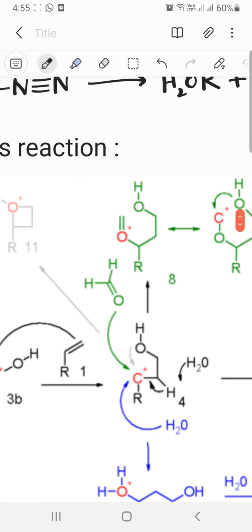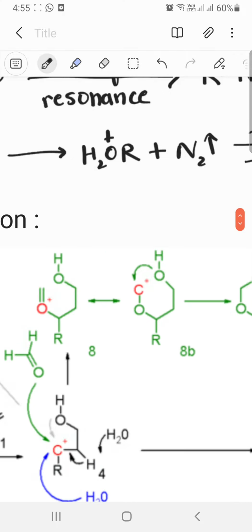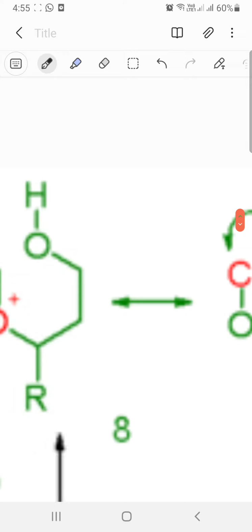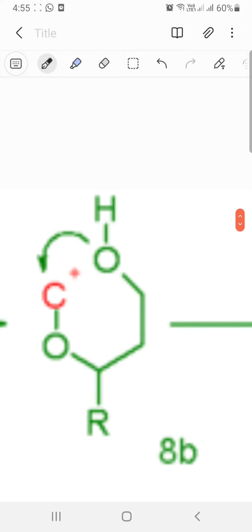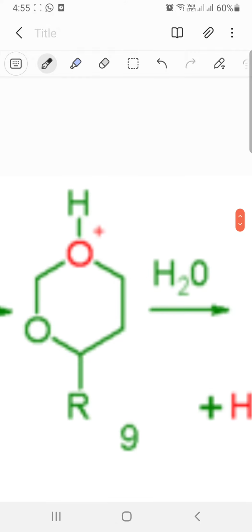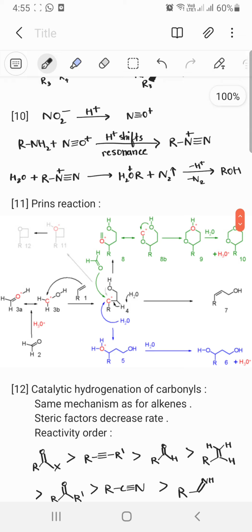So with this formaldehyde, the oxygen attaches over there, and you get all this. So that does this, and then you get this. This is a primary carbocation, very unstable, but it will be very short-lived, and immediately oxygen will attack and you will have this, and after that you get this. So that's the Prince reaction.